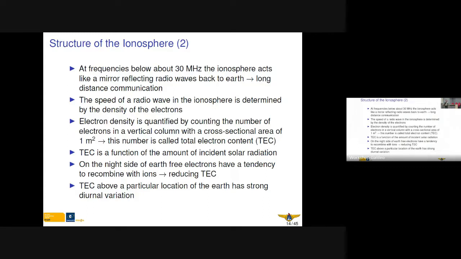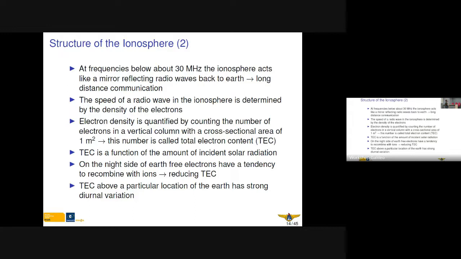So when we have no solar radiation hitting the atmosphere, the ions and electrons tend to recombine. And thus in the night, we see that the TEC is reducing a lot.